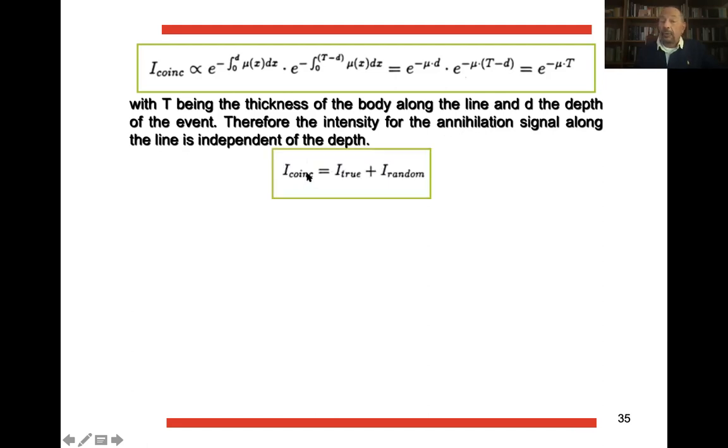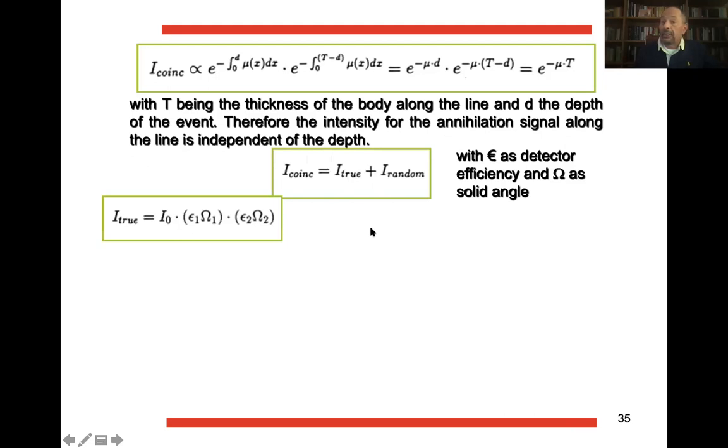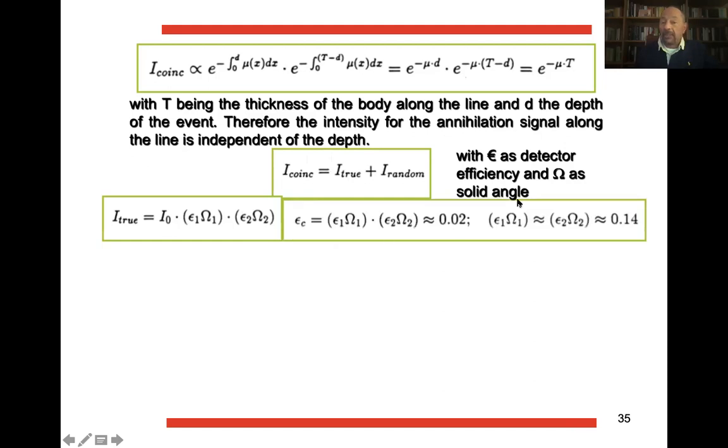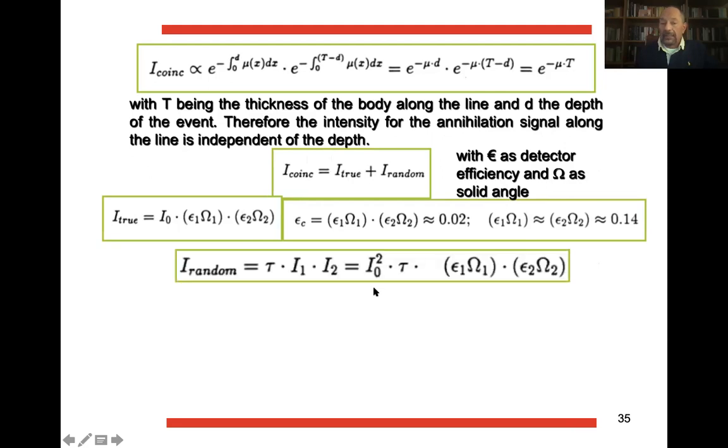The intensity of the coincidence is the intensity of the true, plus, of course, the intensity of the random coincidences that are not associated with beta decay. You can write it in this way, where epsilon is the detector efficiency and omega is the solid angle. This is the intensity of the random coincidence, given here.